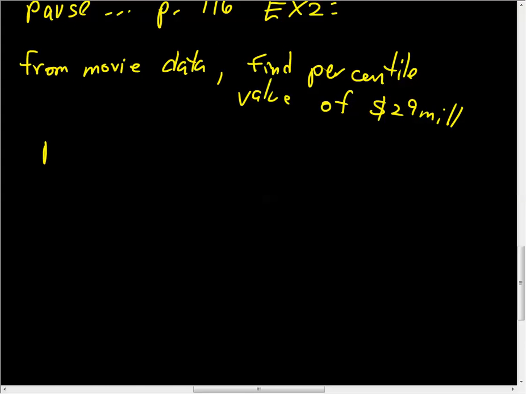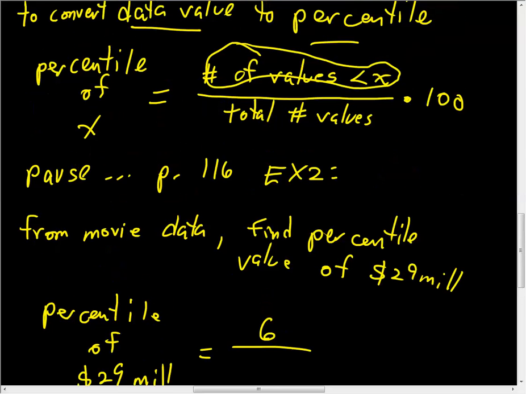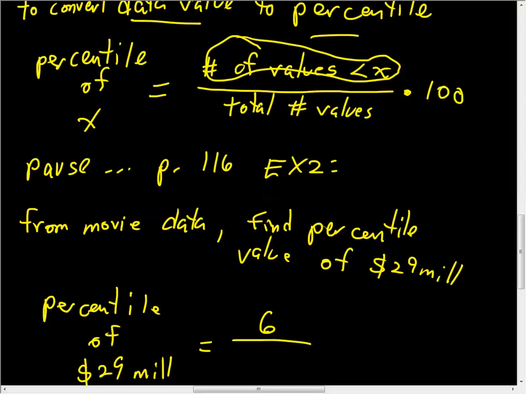So very simply, the percentile value of 29 million is the number of movie budgets less than 29 million. That means strictly less than. If you look at the formula up here, it's a strict inequality. So it's all those values on that list less than 29 million, and there are 6 of them.